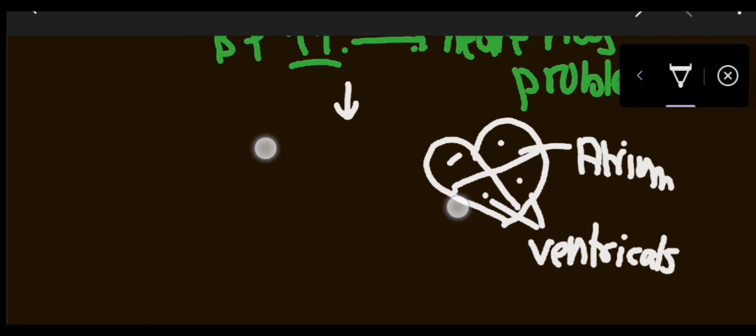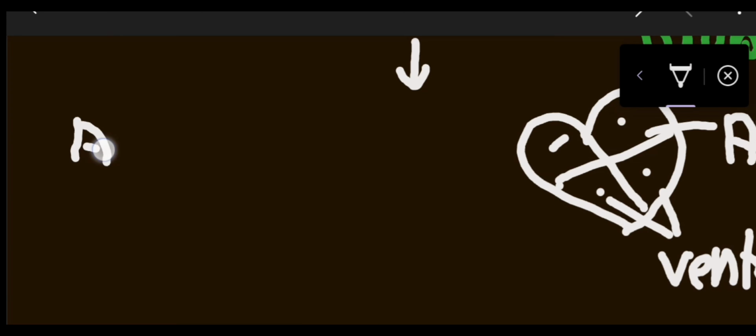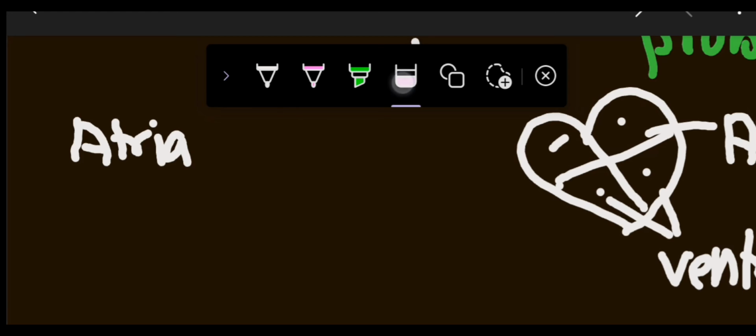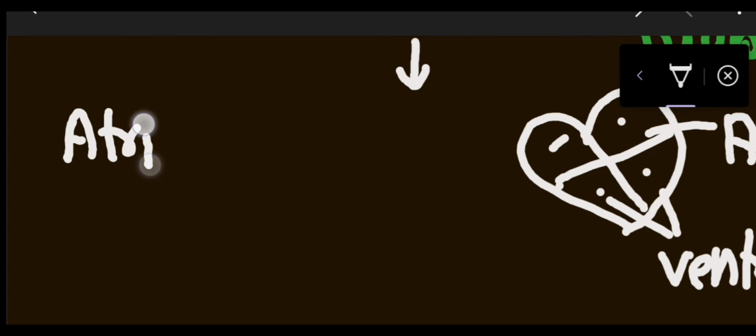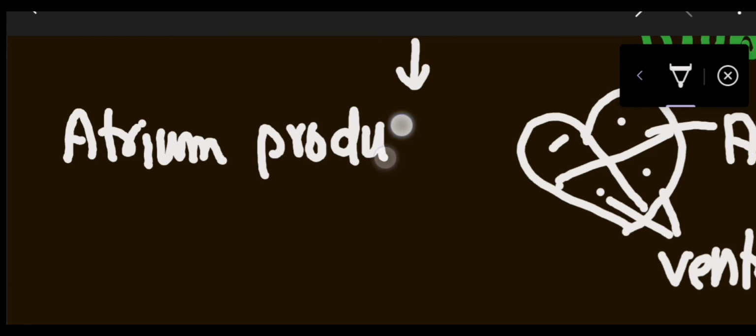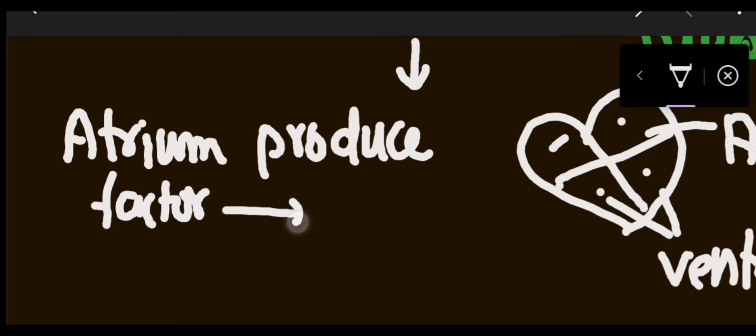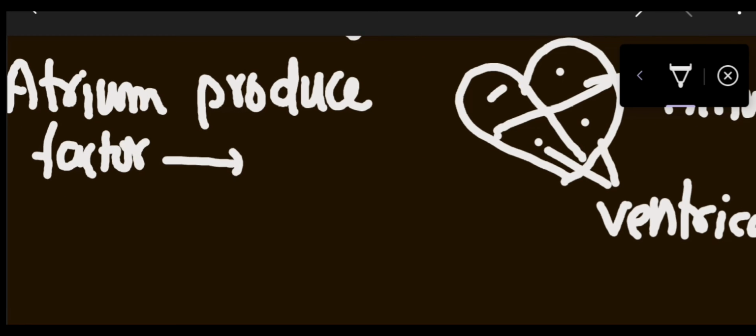These atria will produce one factor, and that factor is known as atrial natriuretic factor.